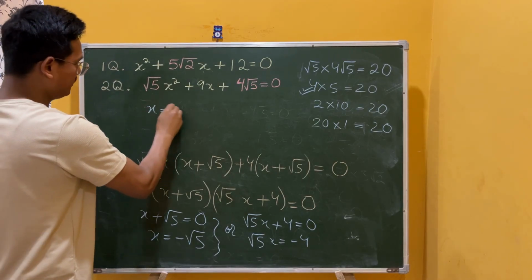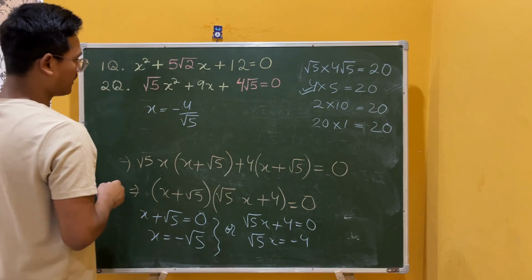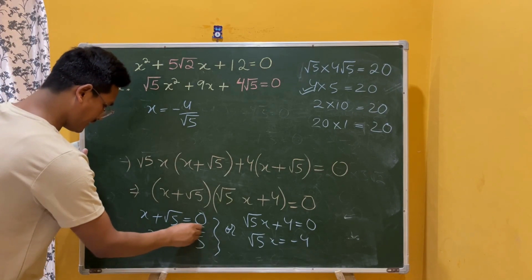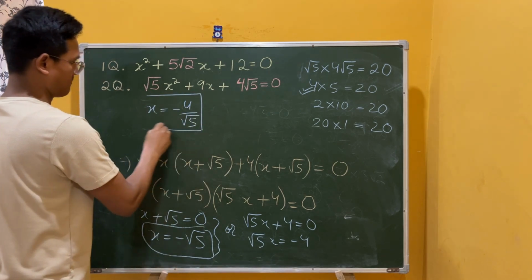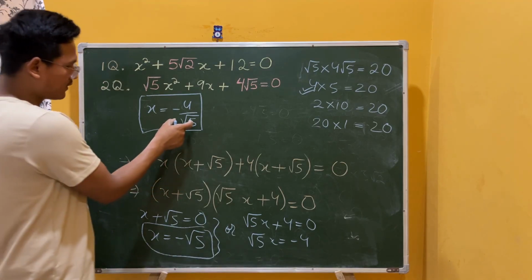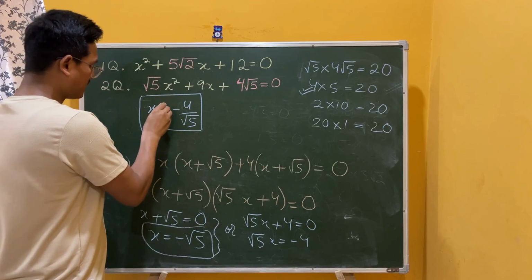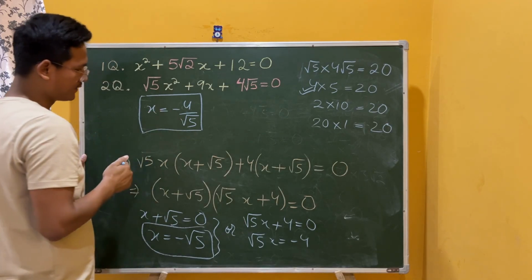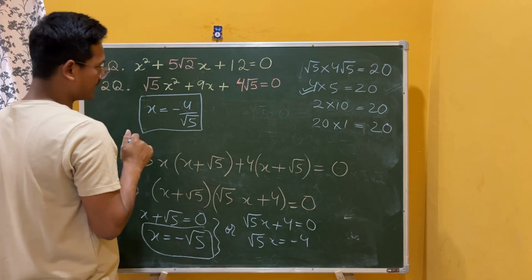So x equals minus 4 upon root 5. Okay. So one value is this, another is this. But remember, we don't keep an irrational number in the denominator. So that's why many people don't consider this result. Okay. They want a rational number in the denominator.